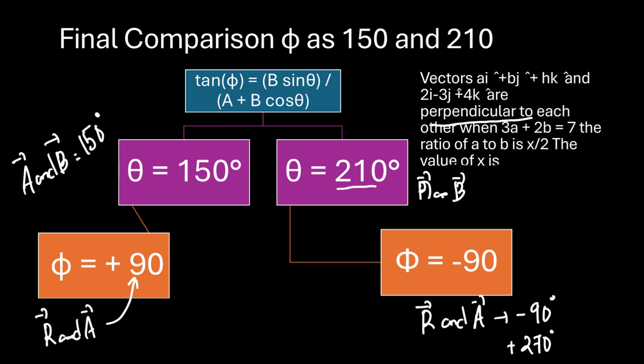That is why, even though we get two values for theta, 150 and 210, we reject 210 degrees and we take 150 as the answer.